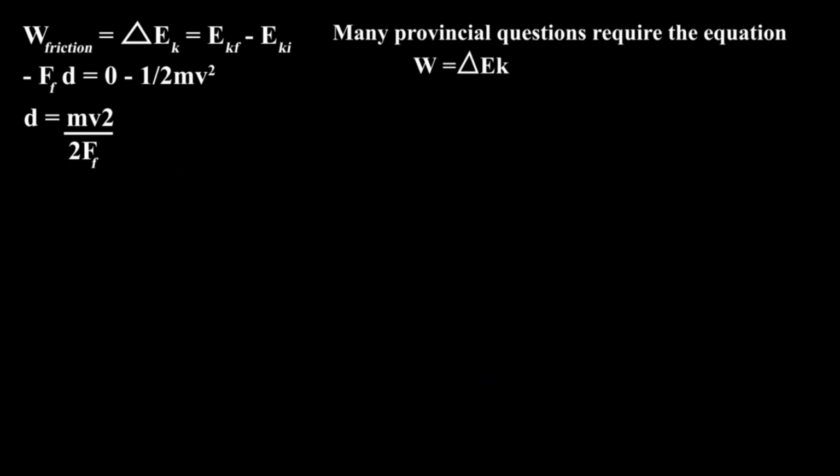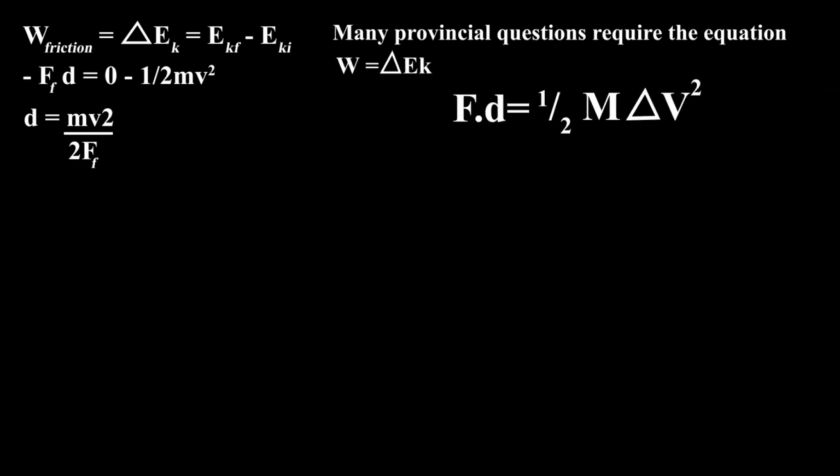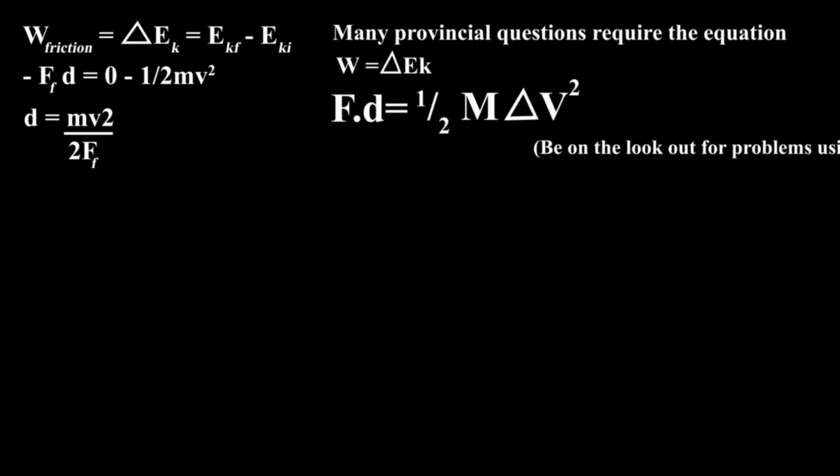What is the work friction? The work done by friction is a negative work done. Therefore we can say negative FF multiplied by the distance, because the angle created between the direction of motion and the friction is 180.